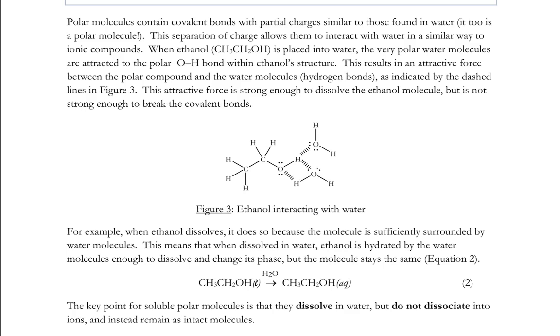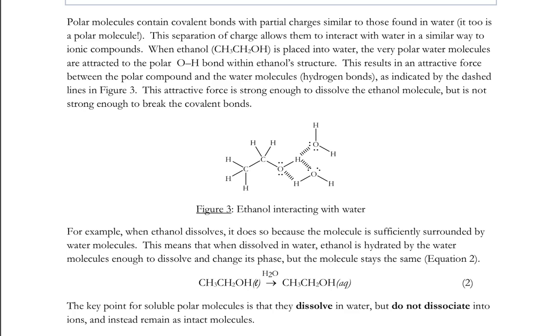Remember that ionic compounds you would recognize as such. They are composed of cations and anions. When you see a formula like CH3CH2OH, you don't see cations and anions. So you know that that's not ionic. But it is soluble in water due to the OH. The OH is kind of like the OH in water.